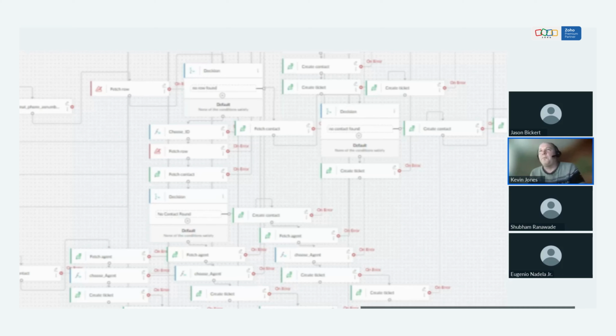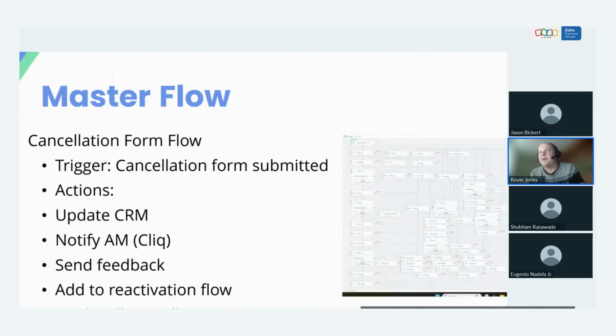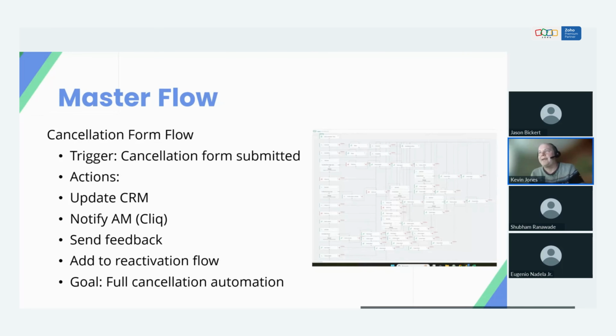So what it's doing is a lot of lookups into Zoho Analytics and Zoho Desk. And what it's looking for is information that it can tie that email address to. So it takes that email address that the person submits as part of their cancellation request, and it first looks at the list of all customers in one database.